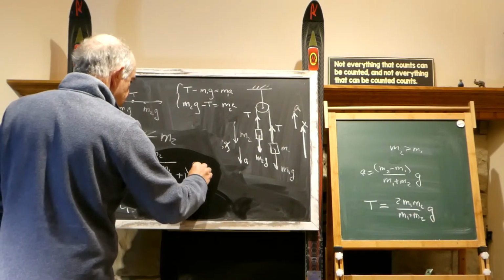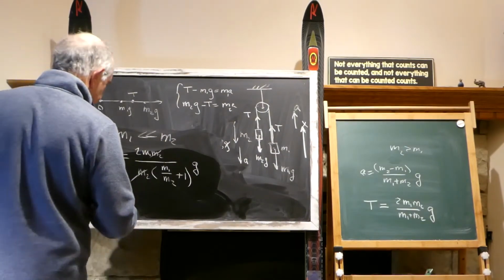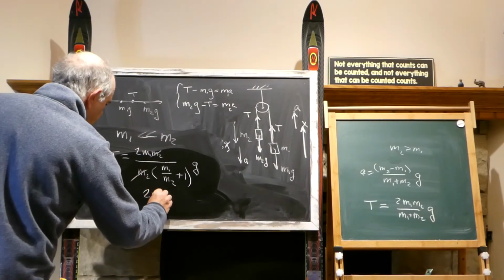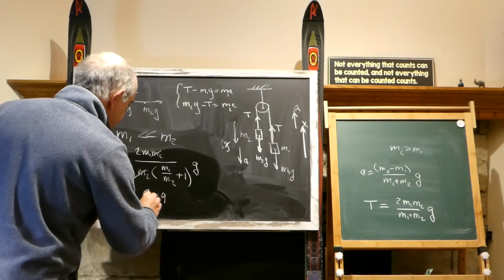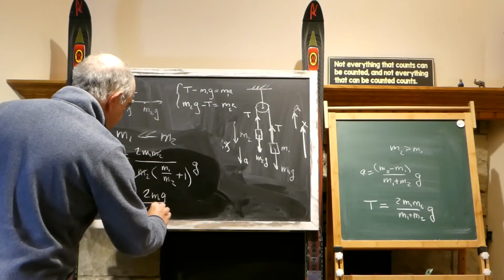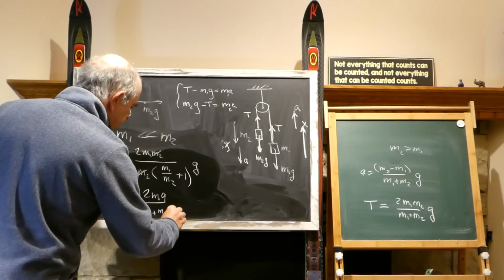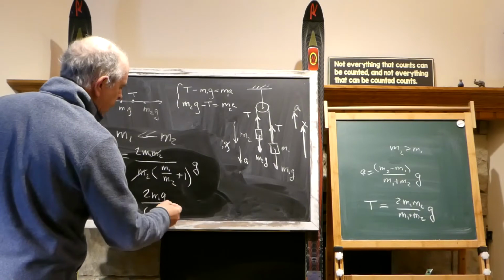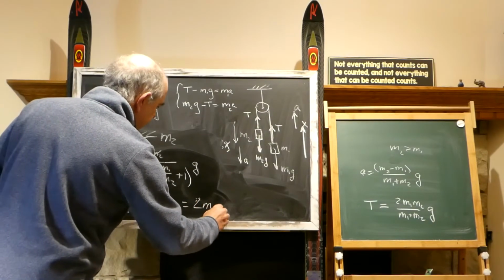And I have plus 1. And I have g, and m2 is gone, and T equals 2m1g divided by a very small number, m1 over m2 plus 1, and I probably can say that this is 1, and I say that it is 2m1g.